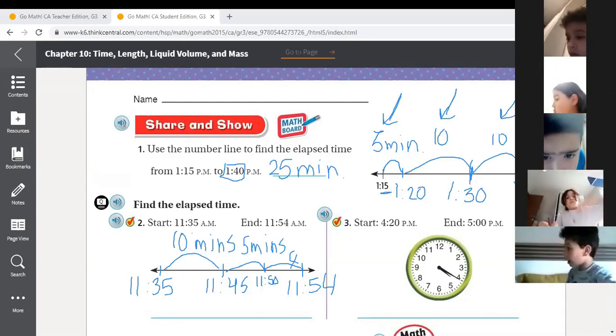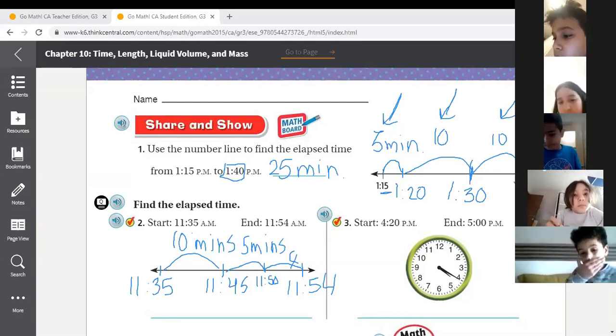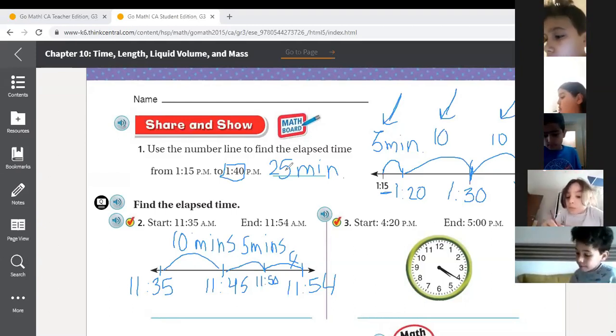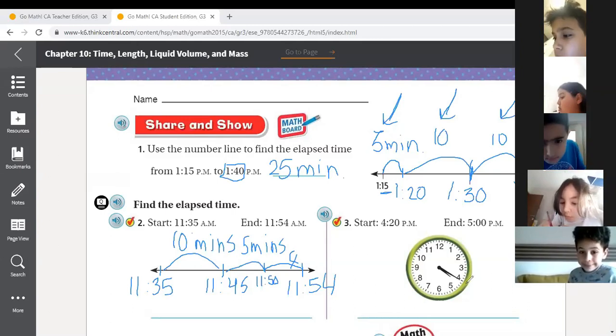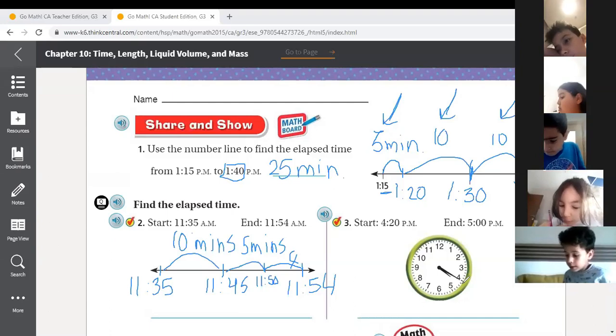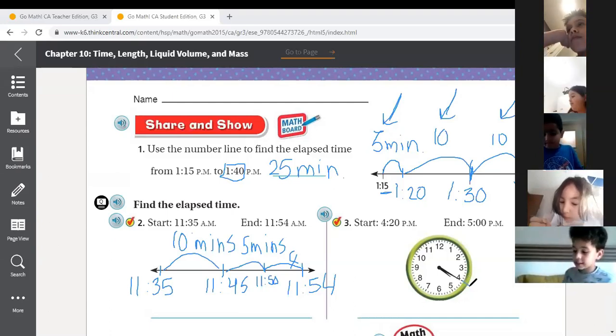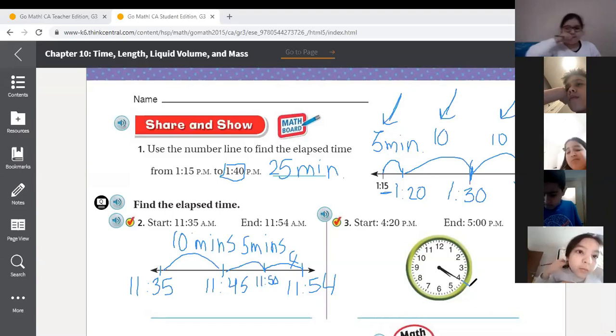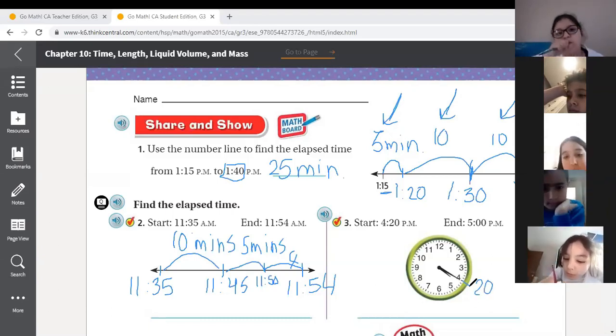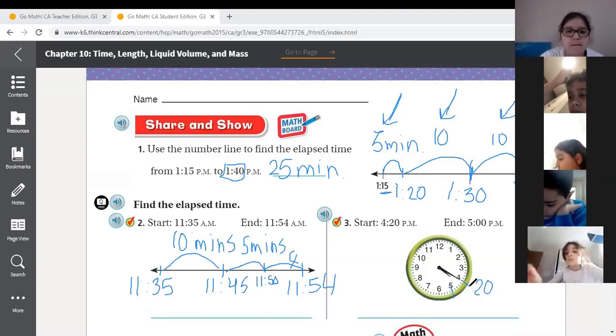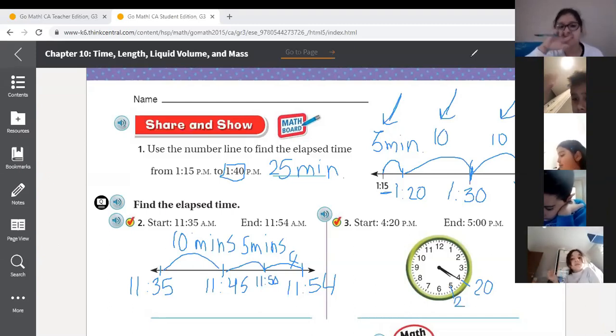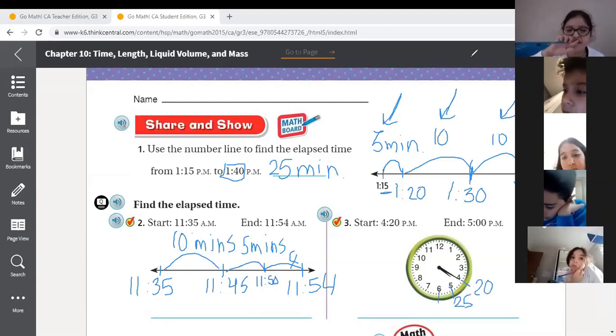Okay, what about number 3? Fahad, for number 3, the start time is at 20 minutes, right? So here we need to add by 5. So what's after 20? Add by 5. 25. What about the next one? 30.